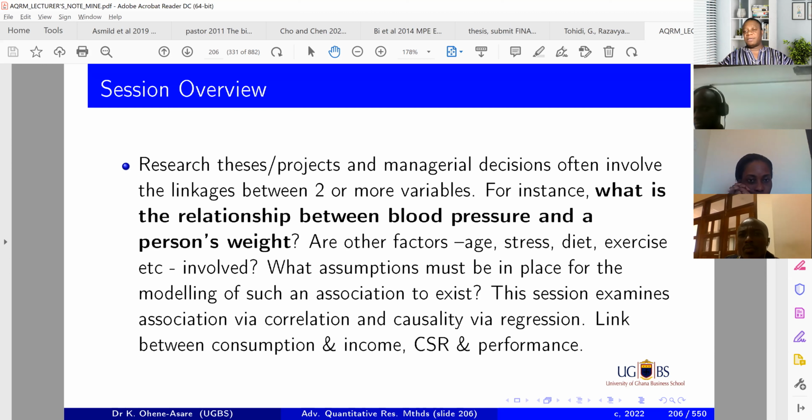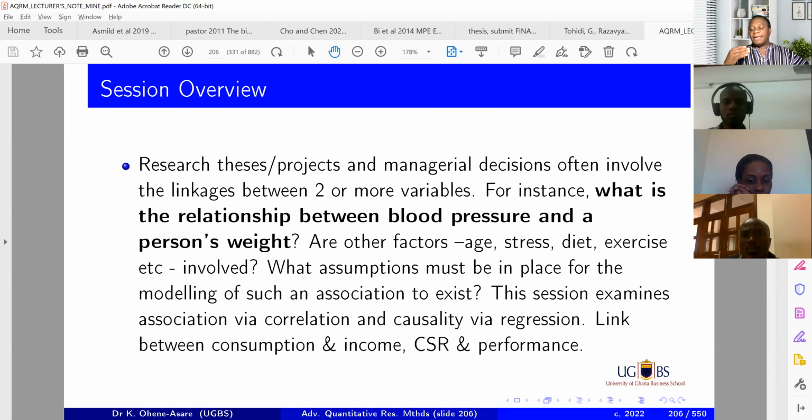So let's take blood pressure. Blood pressure is connected with age. It is correlated with stress. It is associated with diet. It is linked with exercise. And it is interconnected with several other factors.